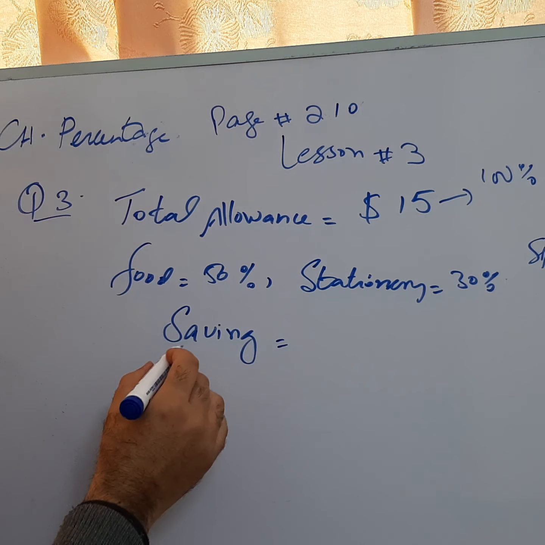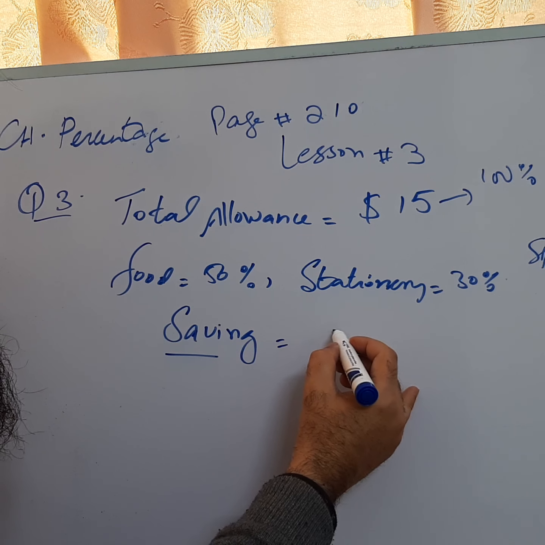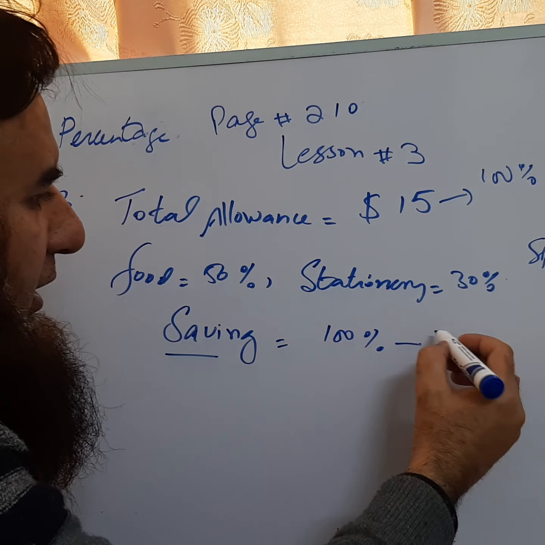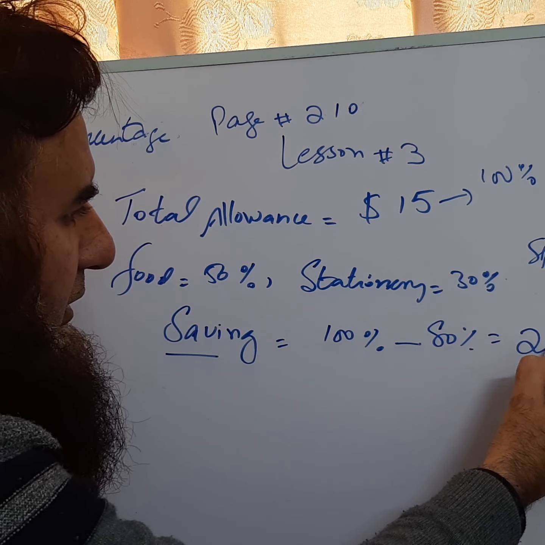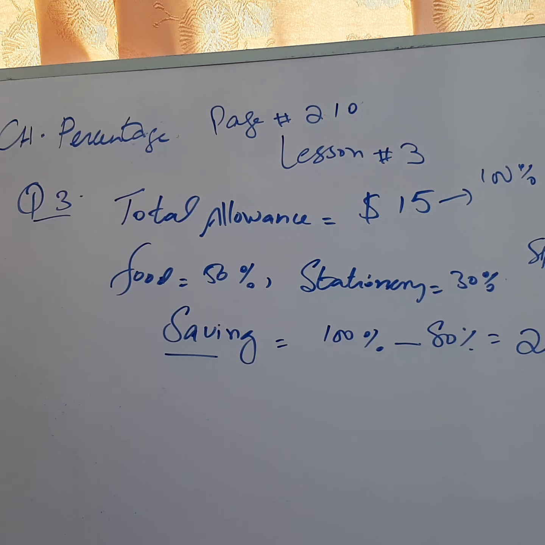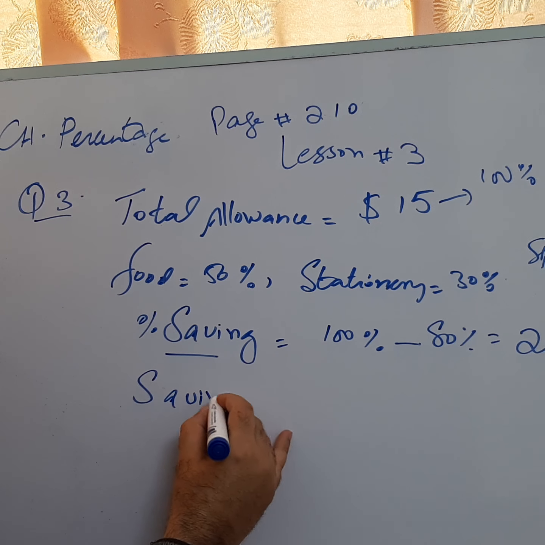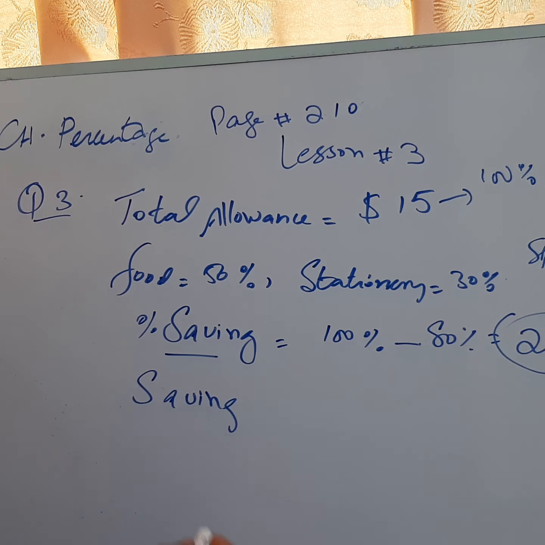Okay, so what was the saving? It was total 100% minus how much spending? 80%. 20% she saved. Okay, you just need to tell this saving percentage, which is 20%, how much it is in terms of dollars.